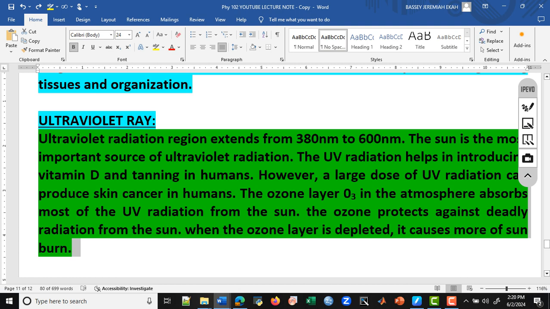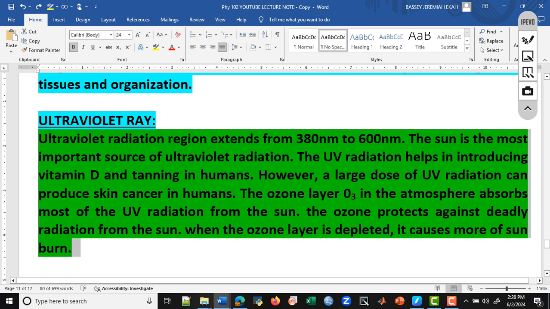And of course, this radiation lies between the X-ray and the visible light. I hope you remember, the sun is the most important source of the ultraviolet radiation. So the sun is the source of the ultraviolet radiation.